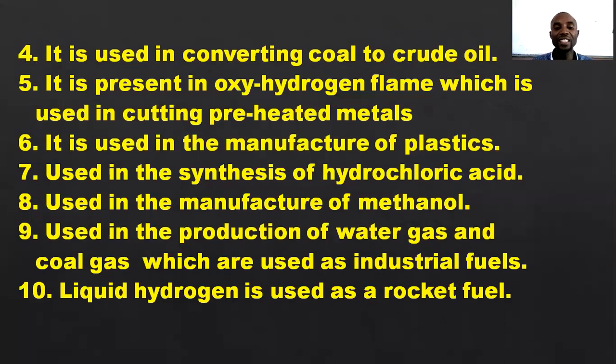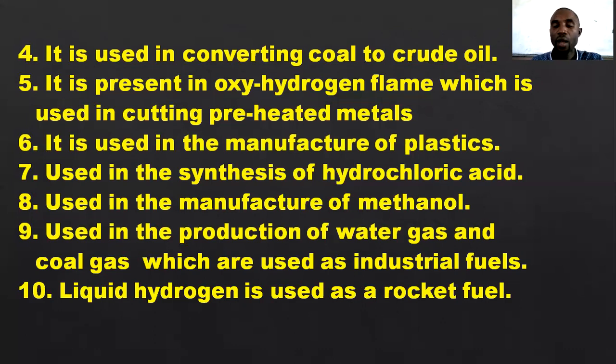We use it in the synthesis of hydrochloric acid. We use it in the manufacture of methanol. We use it in the production of water gas and coal gas, which are used as industrial fuel. Hydrogen is used in several things; it has abundant uses. Lastly, for now, liquid hydrogen is used as a rocket fuel.